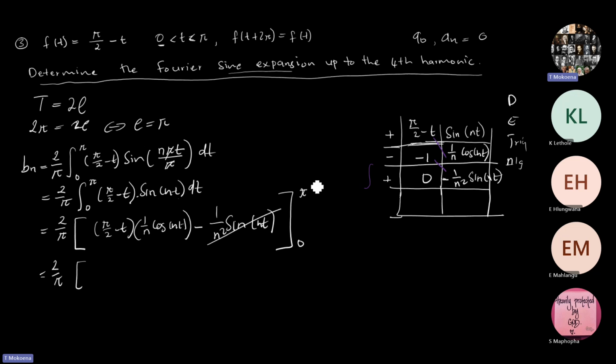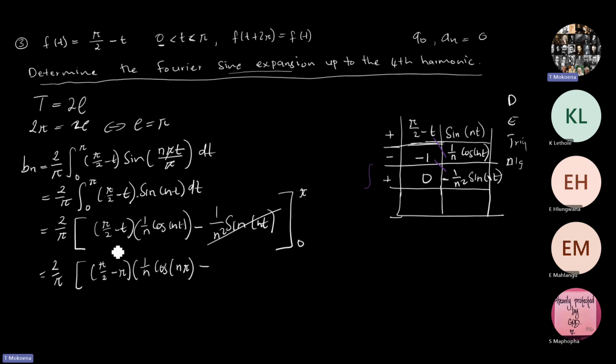Cosine 0 is... so yes, it is totally out. Now let us substitute pi where we see t. Here we're going to have pi over 2 minus pi, close the bracket, and then we have 1 over n cos of n pi, close the bracket.